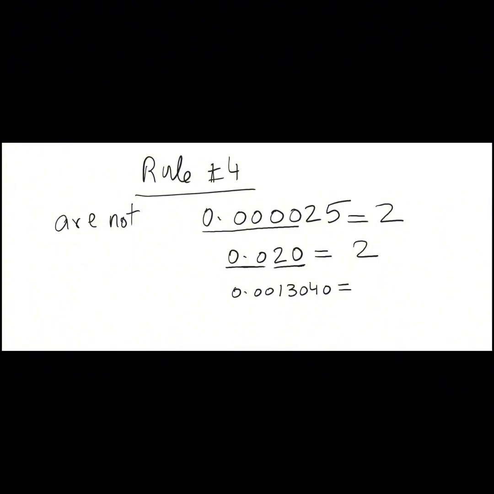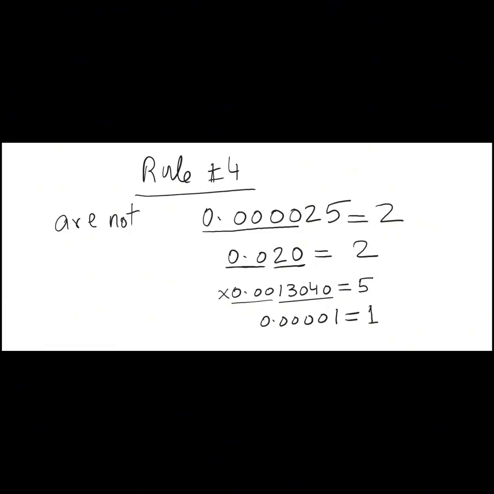Therefore we would consider these numbers which I have underlined as significant. 1, 2, 3, 4, 5, and these zeros are not significant. Okay, 0.00001. How many significant numbers in this? 1. Okay, so this is rule number 4.